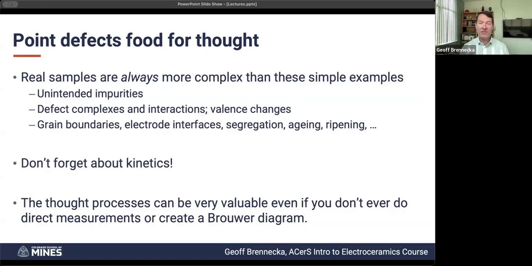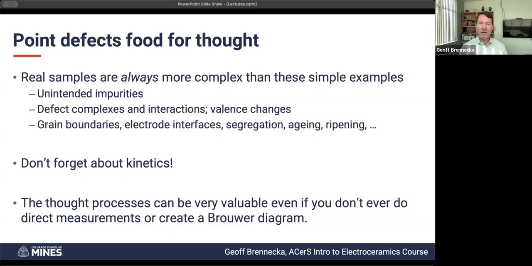I mentioned valence changes. When we were talking about titanium, I mentioned that you could go from a titanium 4+ to a titanium 3+. In that case, you can go through the exact same sort of process that we did and just call that titanium 3+ on a titanium 4+ site one of your defects, and go through and see how that's compensated with an electron, or with a hole, depending on what the species are.